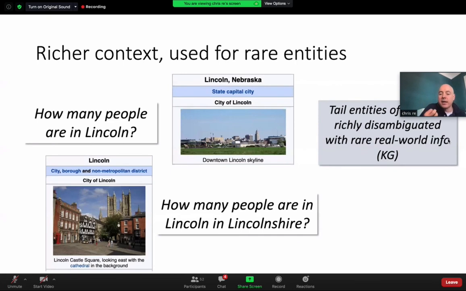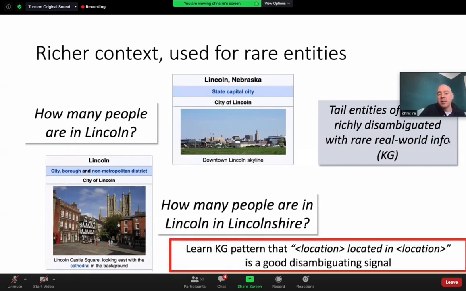And somehow the rare entities are in fact the ones that have this more interesting linguistic pattern. And so what we hope is that we can learn these kind of KG patterns nearly automatically that say, X located in Y is a good disambiguating signal, but that may actually be fairly rare in our corpus. We may not see Lincolnshire so often, but we see this pattern a bunch. And so we need to roll that pattern up as well.